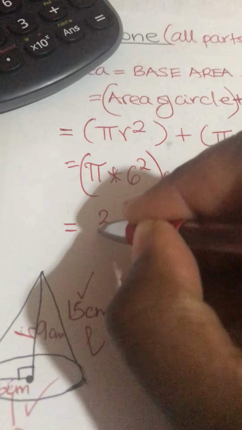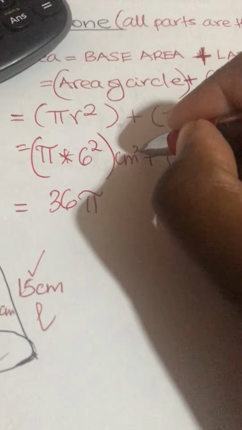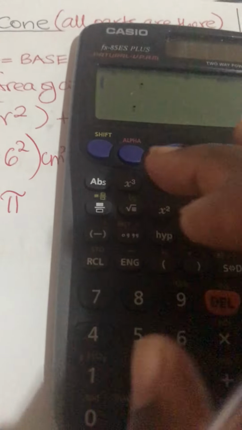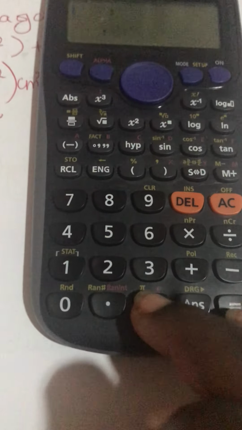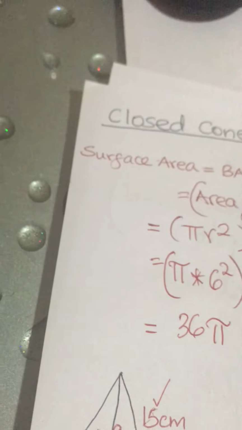Now, let's use our calculator. Pi times 6 squared is 36 pi centimeters squared. See? 36 pi.